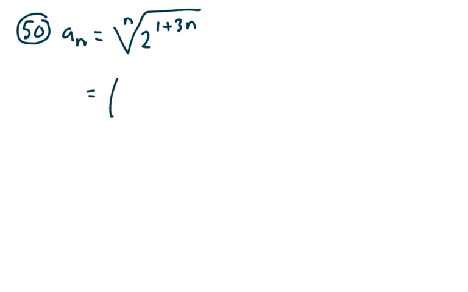But this can be written as 2 to the 1 plus 3n raised to the 1 over n. But this is 2 to the 1 over n times 1 plus 3n.